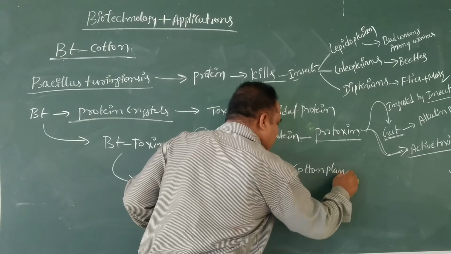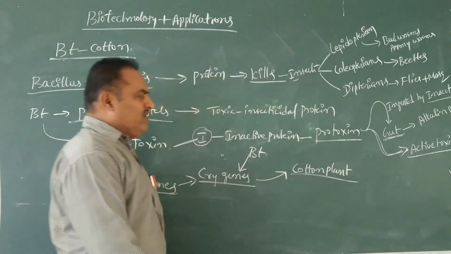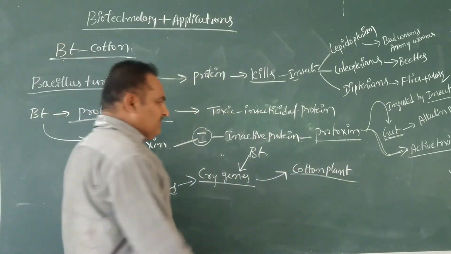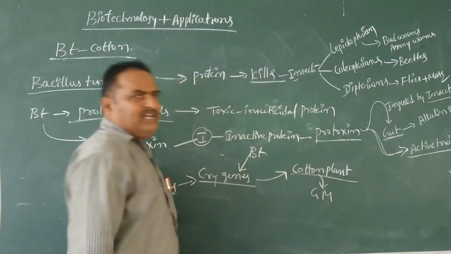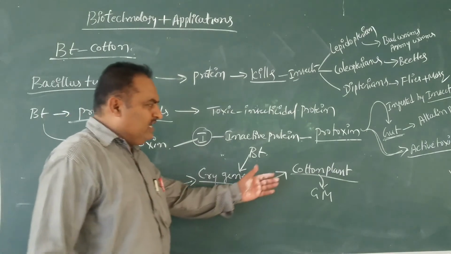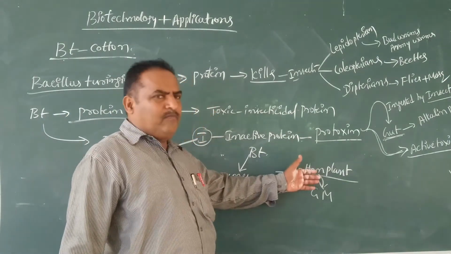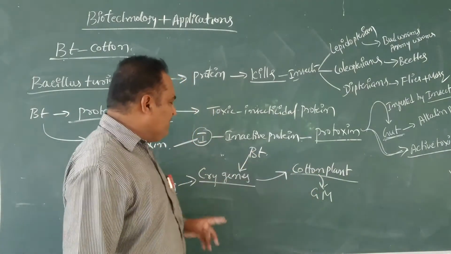After insertion of the gene into the cotton plant, the plant becomes genetically modified, a genetically engineered cotton plant.